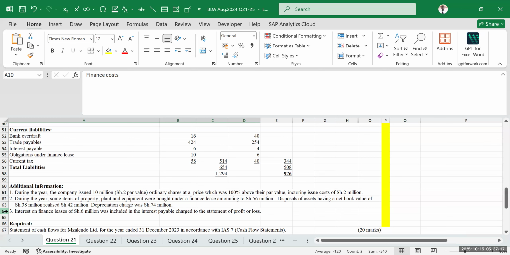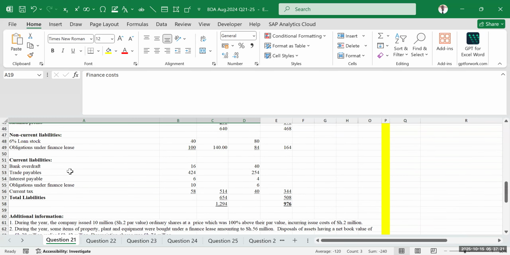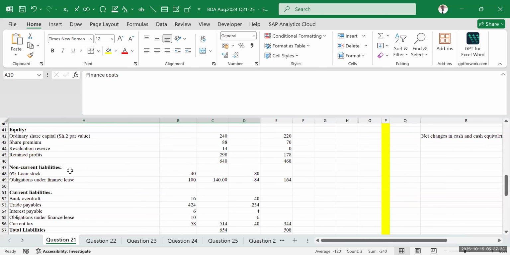But I want us to remind ourselves: where does interest arise? Interest arises expressly from the loan elements. Like now in our non-current liabilities, there is a 6% loan stock. This loan stock attracts interest to be paid every year. Interest expense arises from there directly. Again, we have another liability that is finance lease.